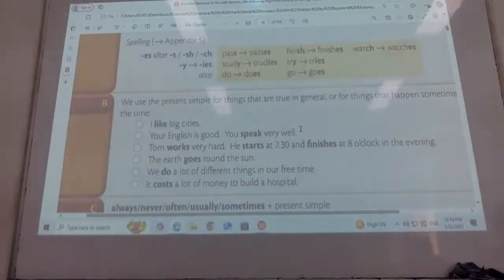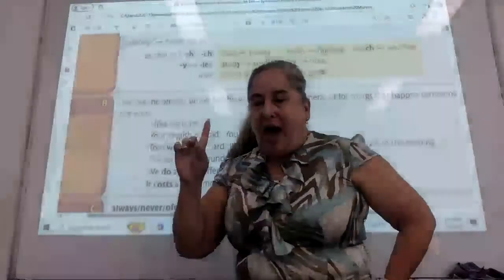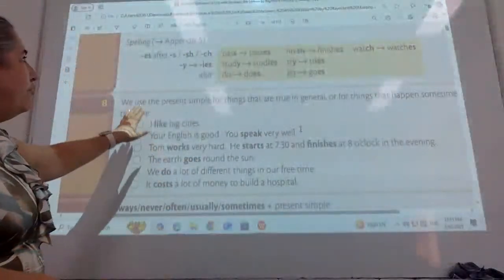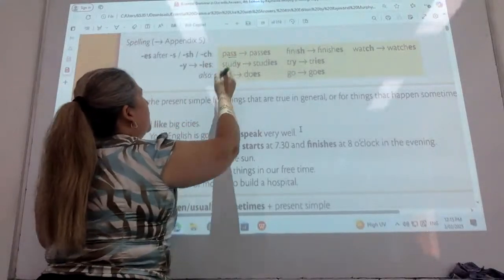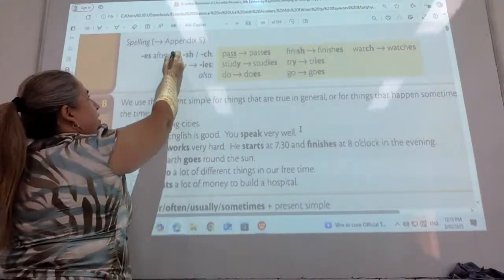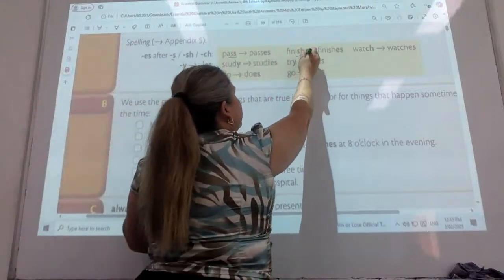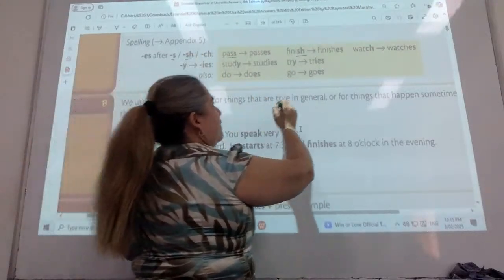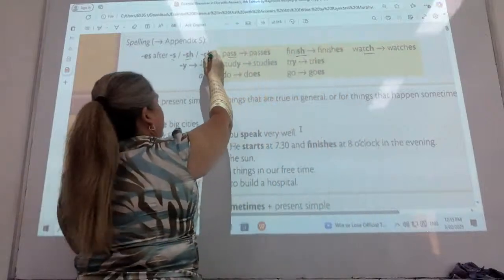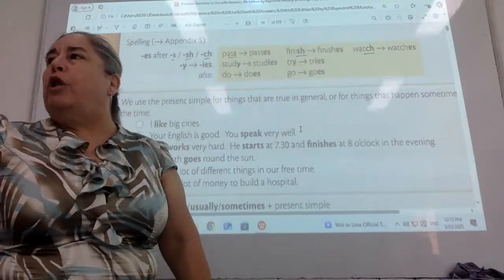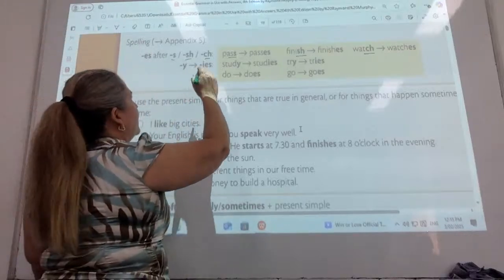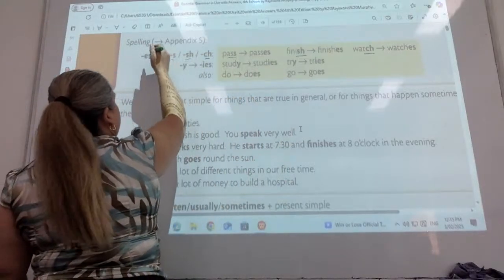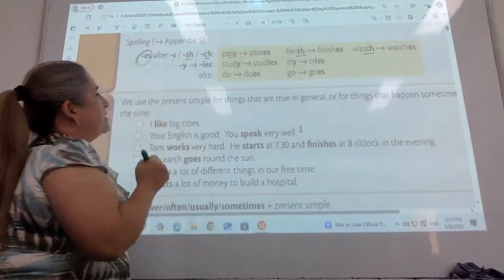Okay, let's continue. So here, what's it saying? It's saying when I have a verb that ends in double S, like this, if I have a verb that ends in SH, like this, if I have a verb that ends in CH, like this, I will always, listen, always add ES.